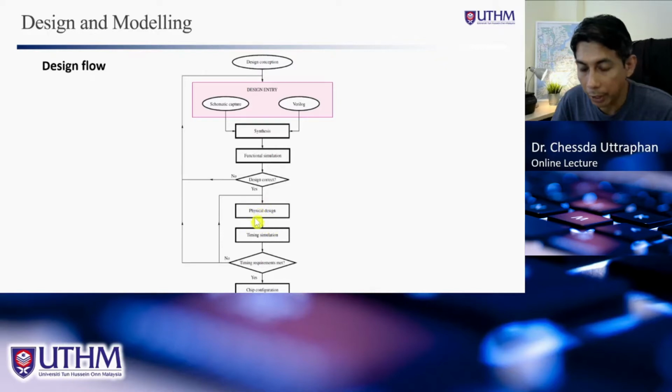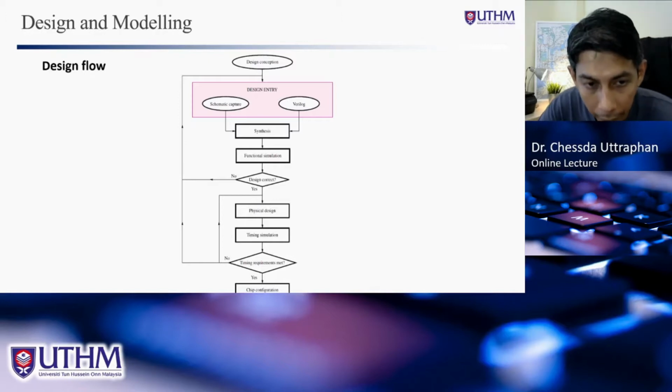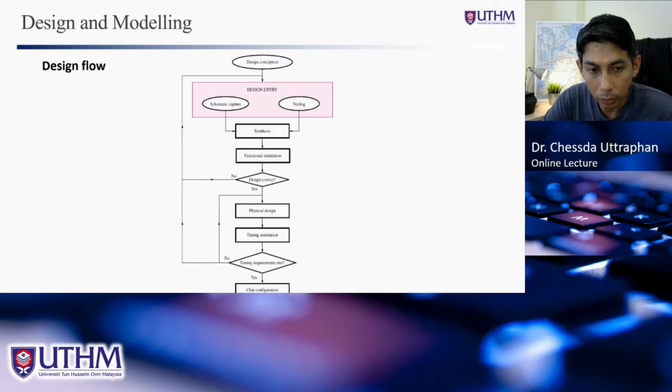Physical design means that we map to the hardware that we want to use. If you look at the market, we have many types of FPGA that we can use. In the software later on we will see the FPGAs that we can use in our design.